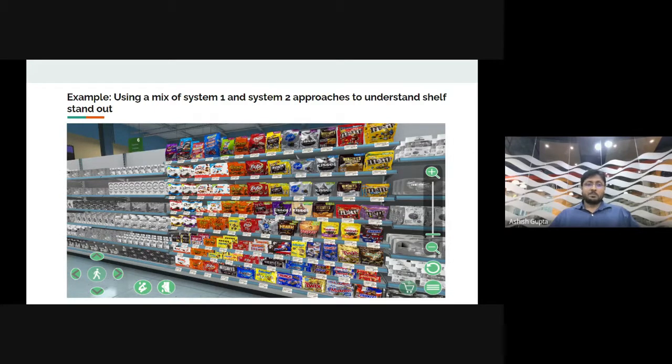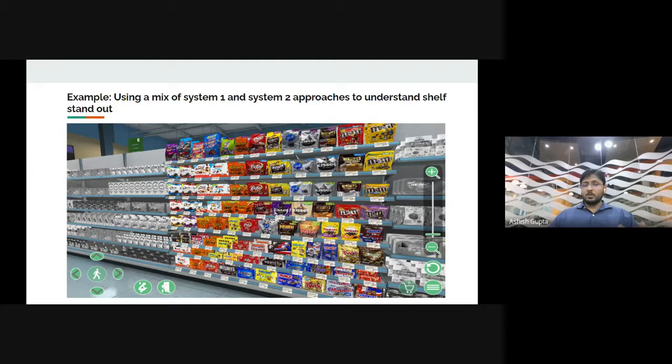But then you ask people to get into a scenario where you tell them, imagine that you're walking into a supermarket and you were to shop for chocolates. This is an aisle in front of you, and I would want you to browse like you typically do in a supermarket, and pick the brands you want to choose in the next 3 months, for example. And you're not using a survey-based approach here.